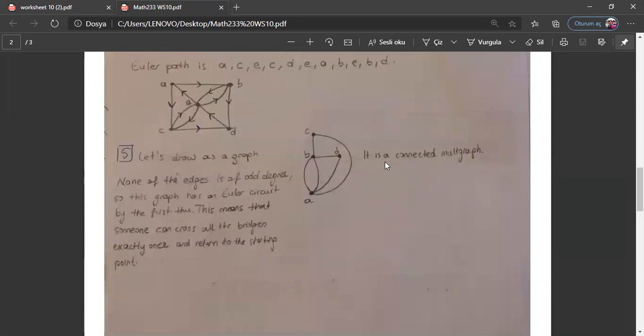Since all the vertices have even degree, we know there's an Euler circuit on it. So it means that somebody can cross all the bridges exactly once and return to the starting point.